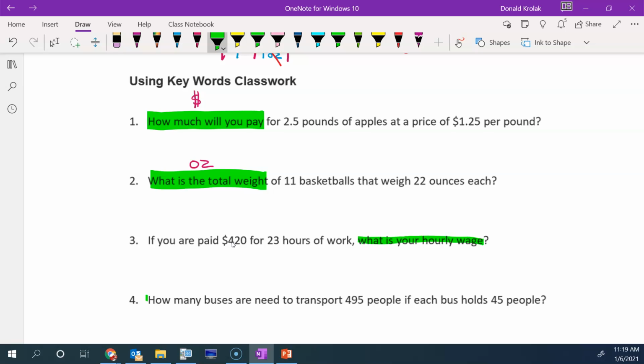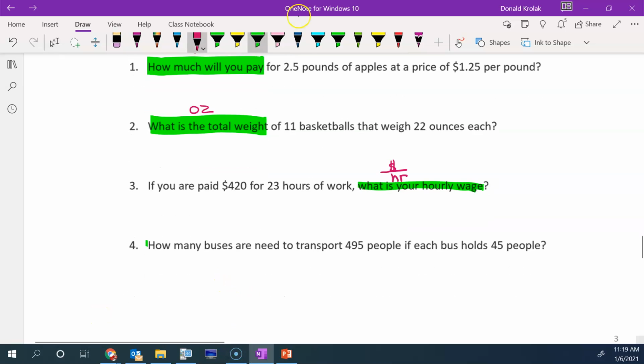Okay. So an hourly wage is different than when you write it. This is actually dollars per hour. Okay. So this isn't just dollars, it's dollars per hour.